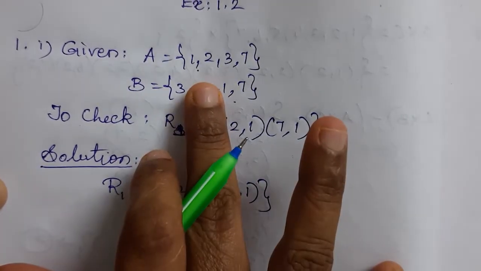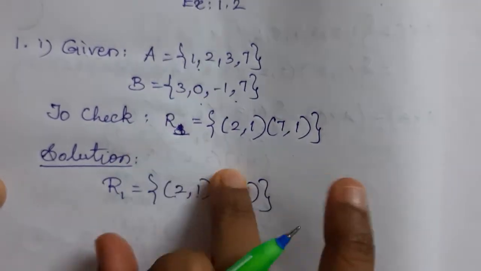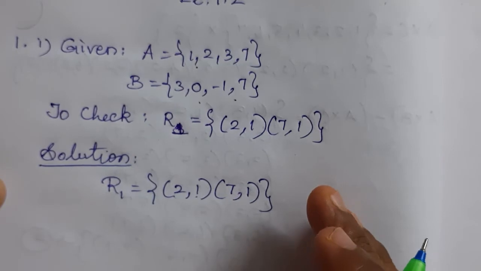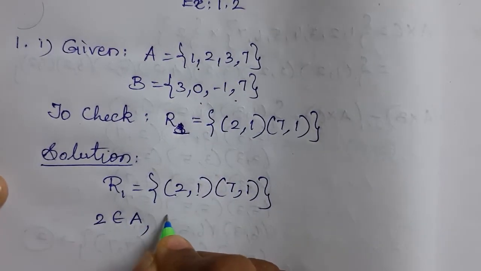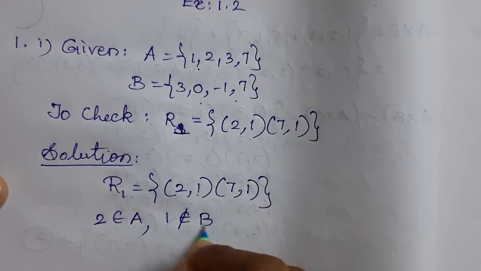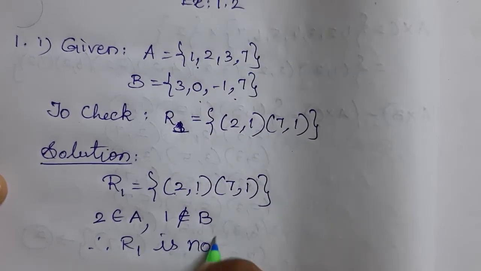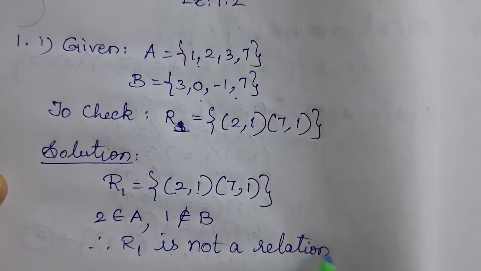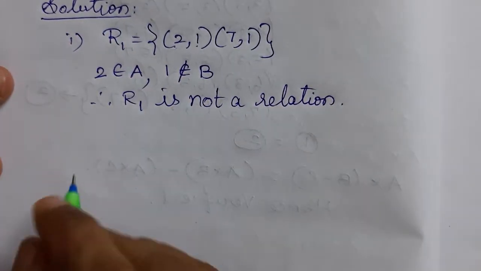So 2 belongs to set A, but 1 does not belong to set B. So this shows you that this is not a relation. Therefore, R1 is not a relation. This is the first subdivision sum.